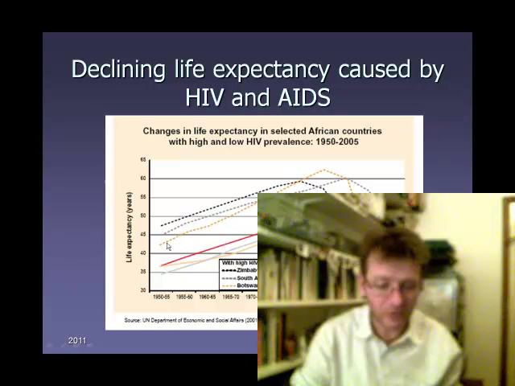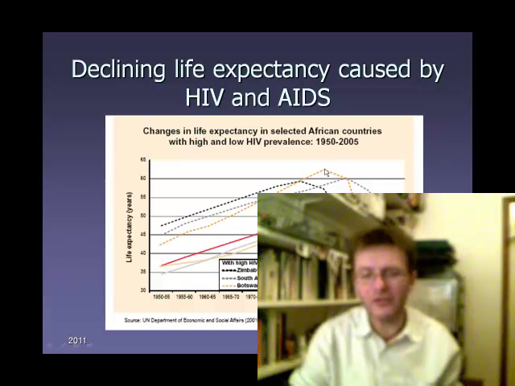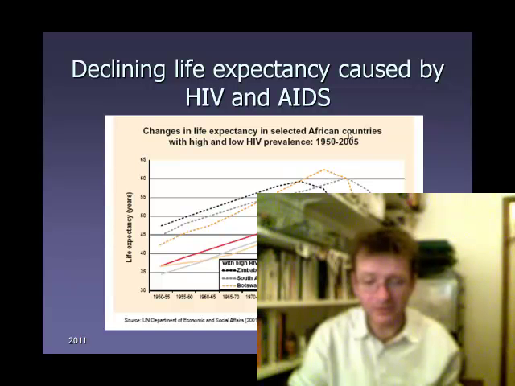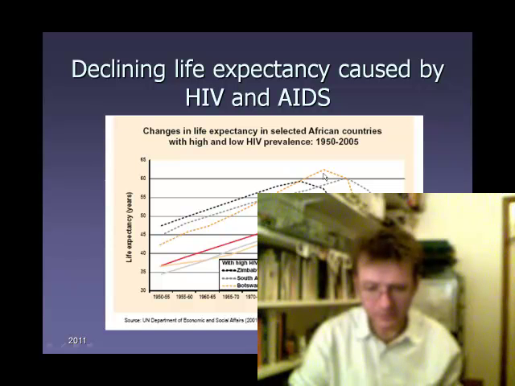If we take Botswana, from 1950, Botswana had tremendous development achievements over time, improving its life expectancy, going up all the way up to around 62, 63 years by around the mid-1980s, early to mid-1980s. But then we see what happens to these countries from around the early to mid-1980s.